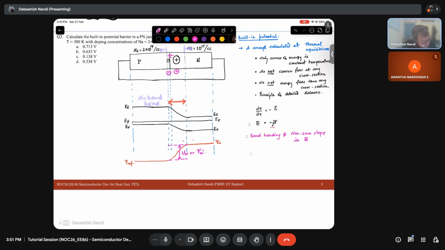So if d psi by dx is equal to minus E, can I write E is equal to 1 by Q dE of dx, from this equation and this equation? Here I am using E as electric field. This Roman E is for energy.